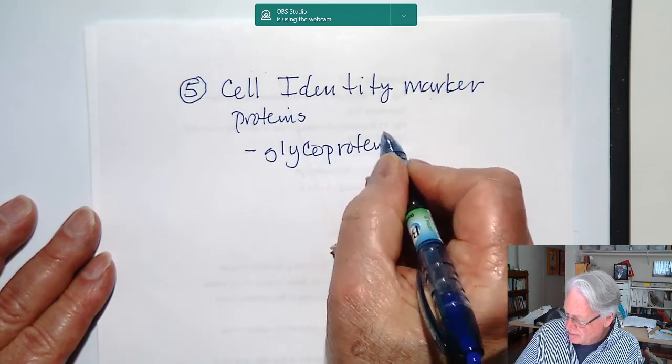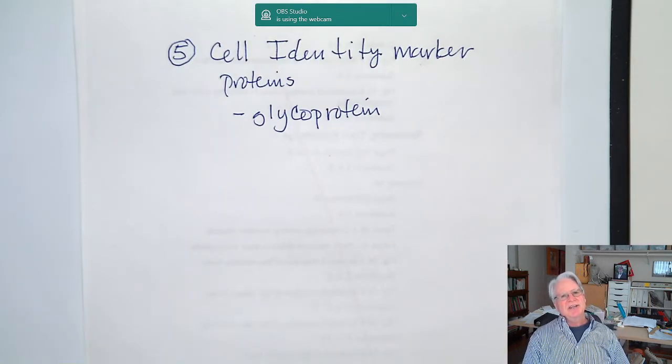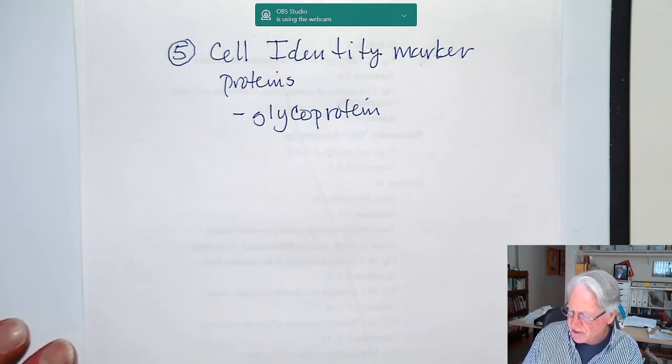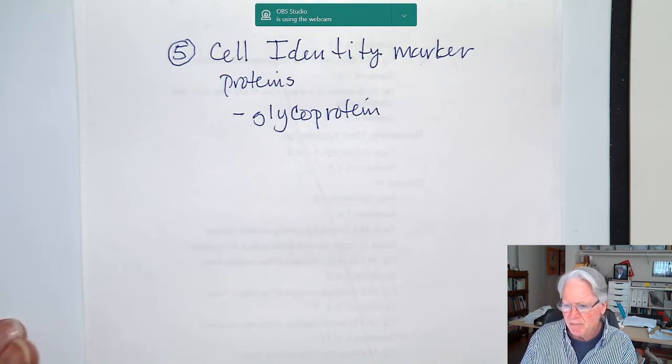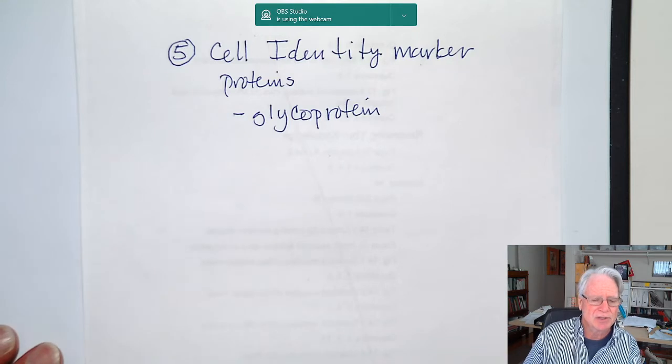So your body uses specific combinations of sugars to identify itself within the body. This has a variety of functions. The best example I can give you is that it's a way that your immune system can identify self from non-self.